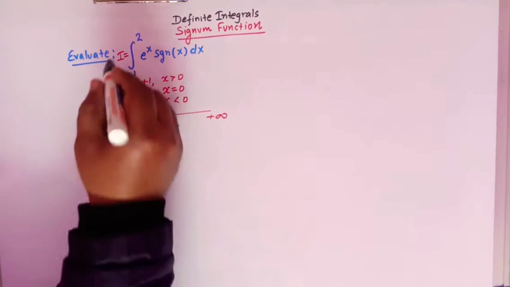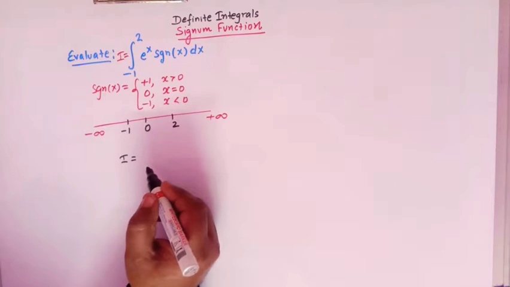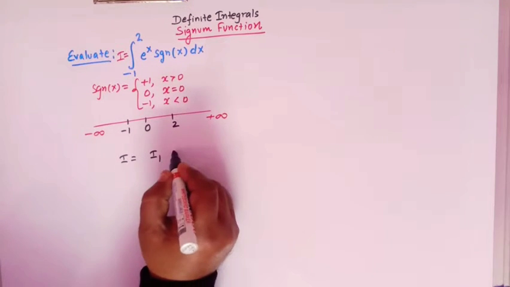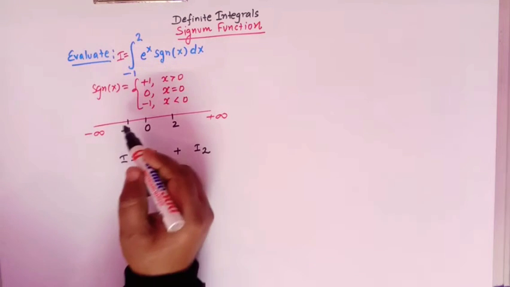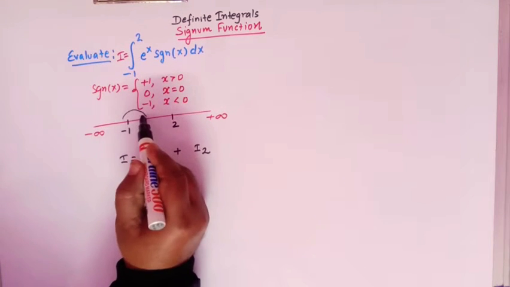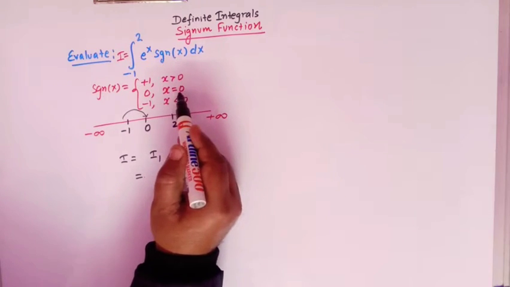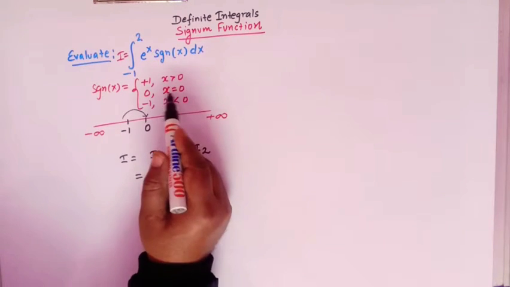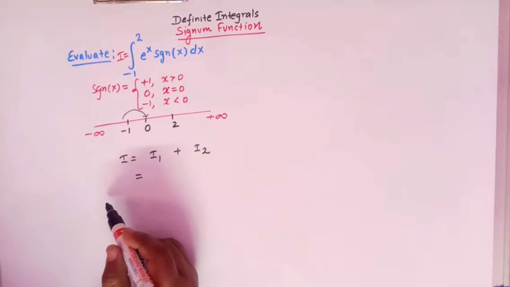Now this integral I can be written as a sum of two integrals, I1 and I2. So I1 is from -1 to 0. Here we'll break the limit. X equal to 0 is the point where we have to break the integral.